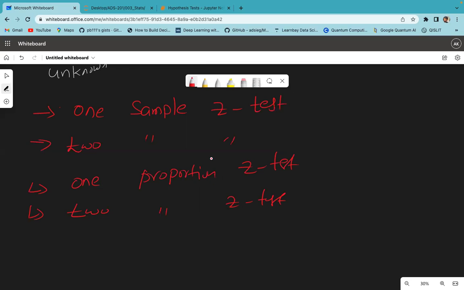These are the four types of Z tests. Depending upon the requirement, we go for the corresponding Z test.